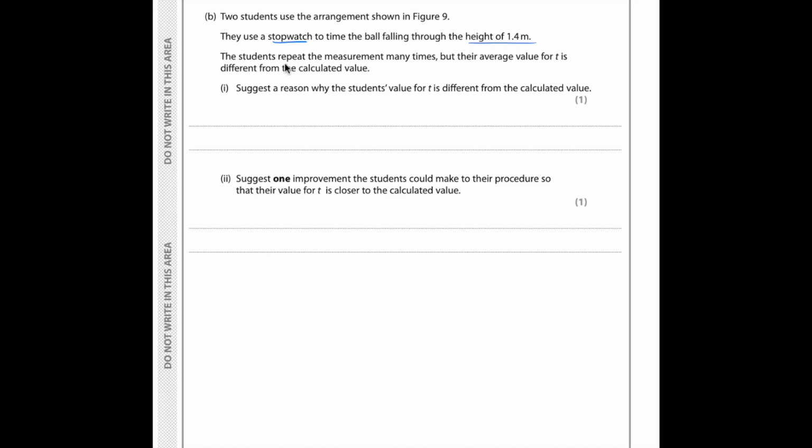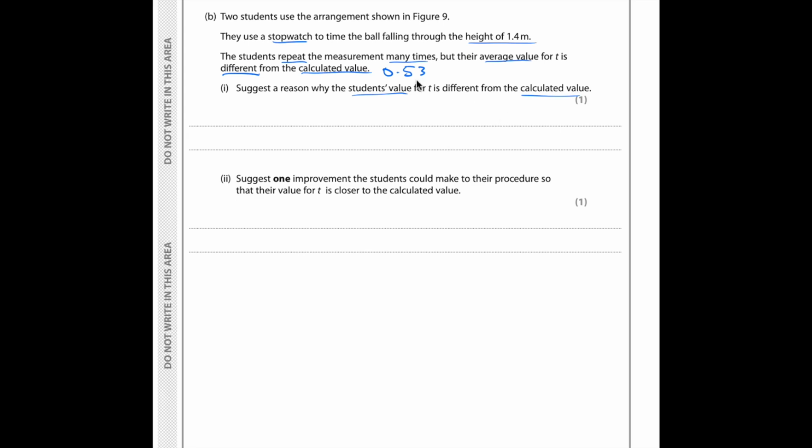The students repeat the measurements many times, but their average value for t is different from the calculated value. So from the value that we've just calculated, which was 0.53. Suggest a reason why the student's value for t is different from the calculated value.